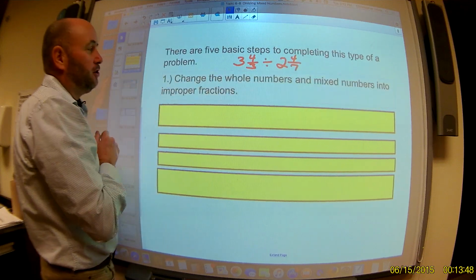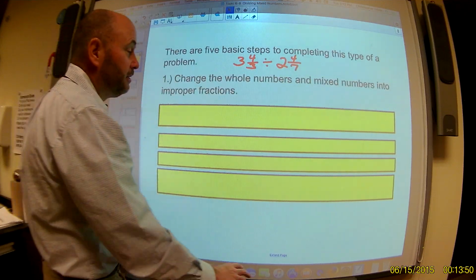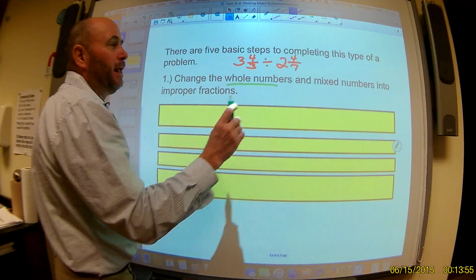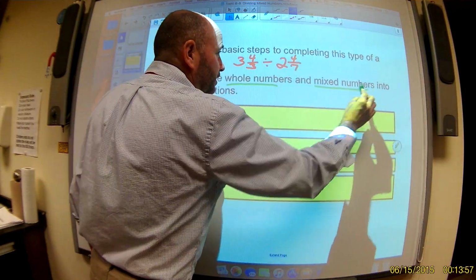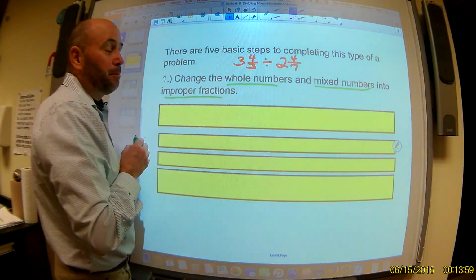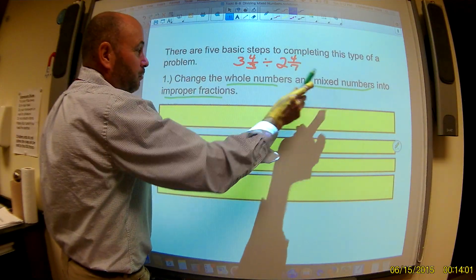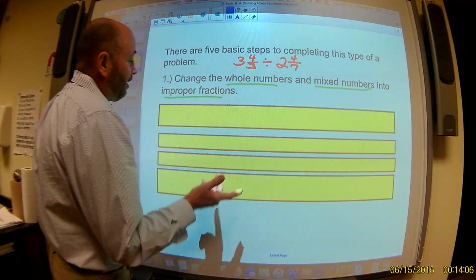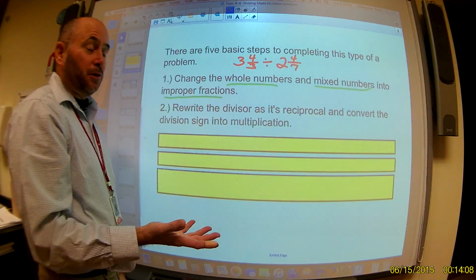Now, the biggest change you'll notice is in step 1. Step 1 says change the whole numbers, which is not different, and mixed numbers into improper fractions. This is the big one, changing your mixed numbers to improper fractions. After that, everything is pretty much the same.